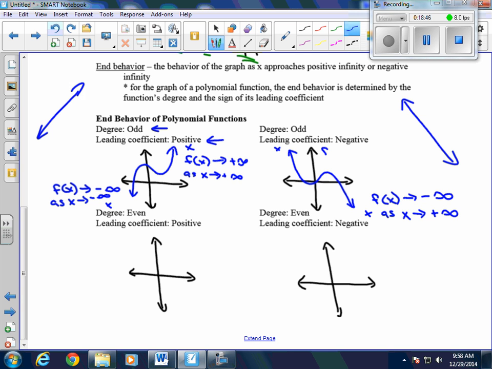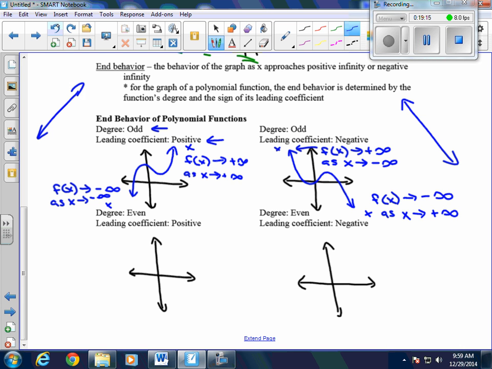We're going to say that f of x approaches positive infinity as x approaches negative infinity on that side, because again, as x gets really small, y gets really big.